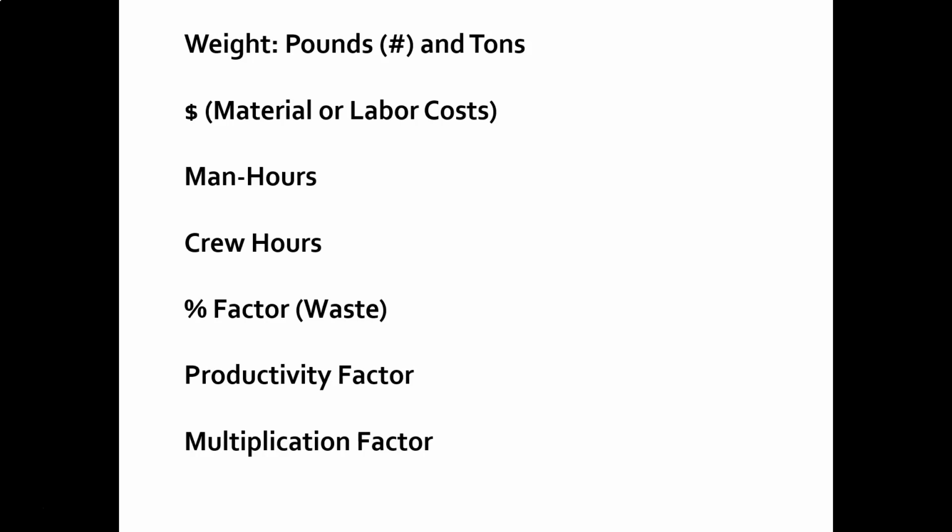We would say that we have 100 linear feet of wall, for instance, and how many studs, if there are 16 inches on center, how many studs do we need for 100 feet of wall? And we would use a multiplication factor with that. So the 16 inches into the 100 feet, there are numbers for that to help us with standard calculations like that.